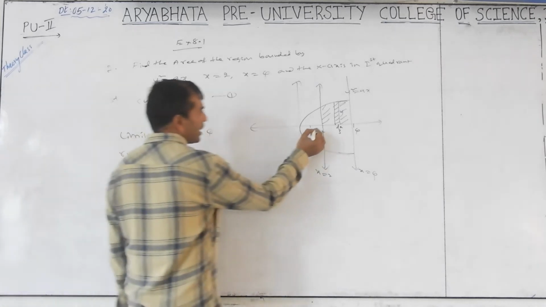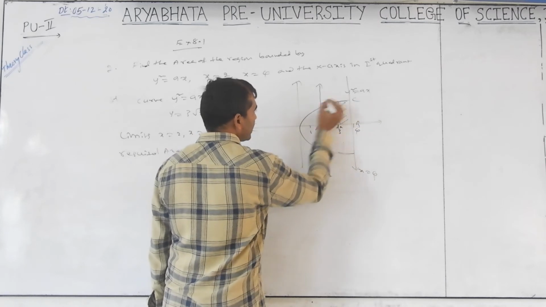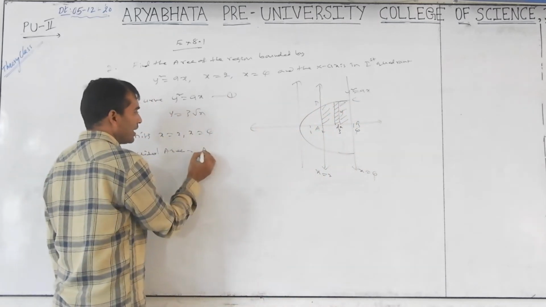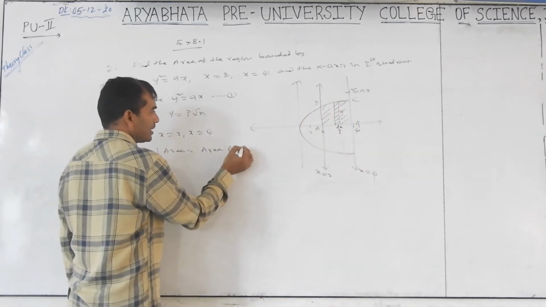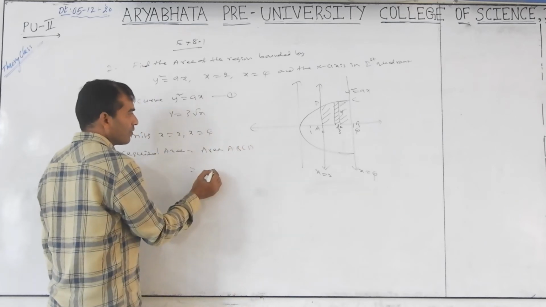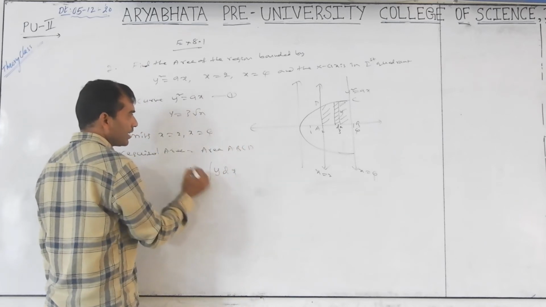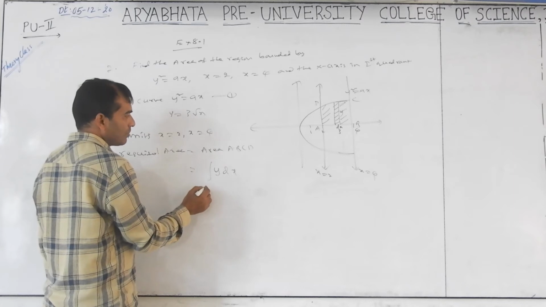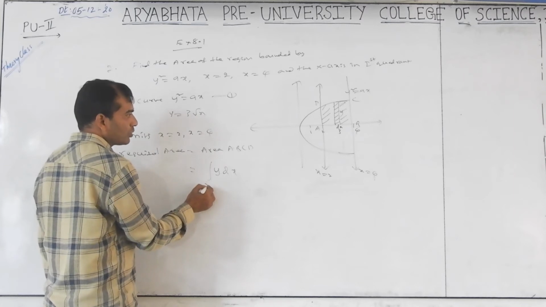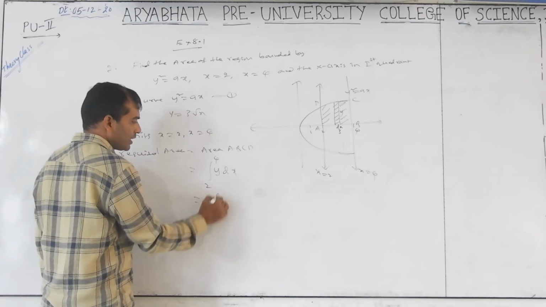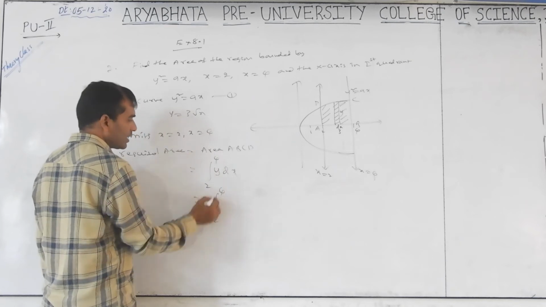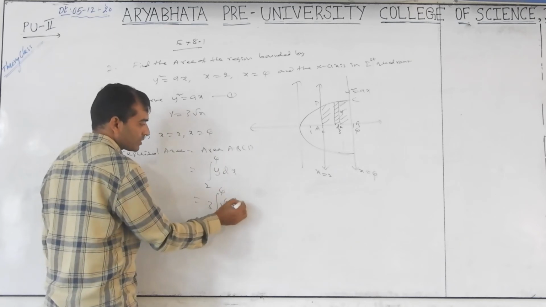This is ABCD, area ABCD, y dx. Integration limits 2 to 4. So integration 2 to 4 of y is equal to 3 root x dx.